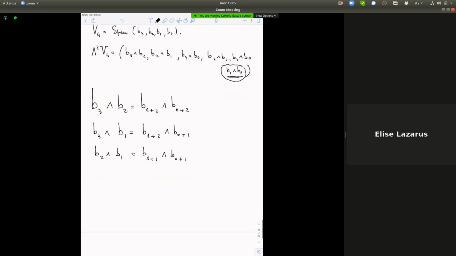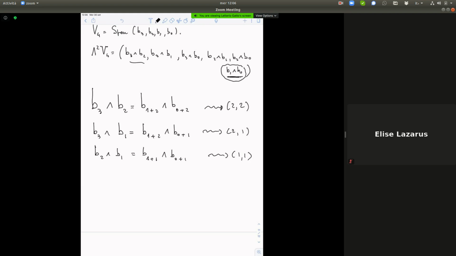But then we discovered that this element is showing me the action of the partition 2, 2. And here there is the partition 2, 1. And here there is the partition 1, 1.